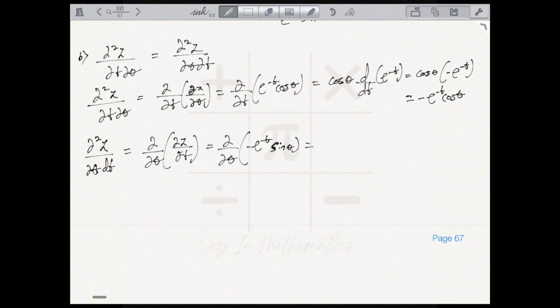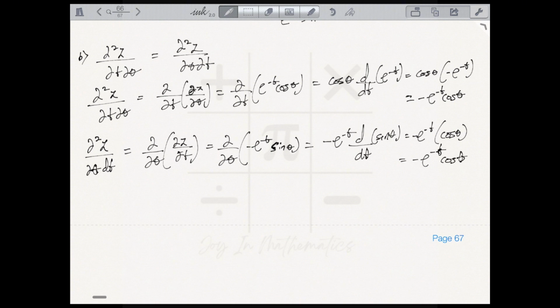Now, since we are differentiating partially with respect to θ, our t is kept constant. I will differentiate sin θ fully. So therefore we have minus e^(-t). Differentiating sin θ, we have it to give us cos θ, and this is minus e^(-t) cos θ.